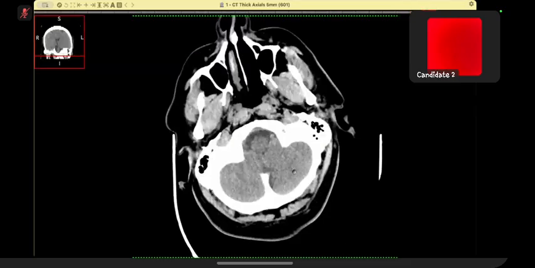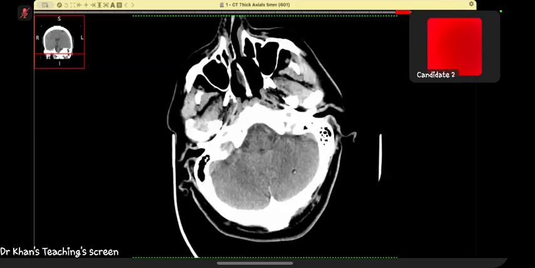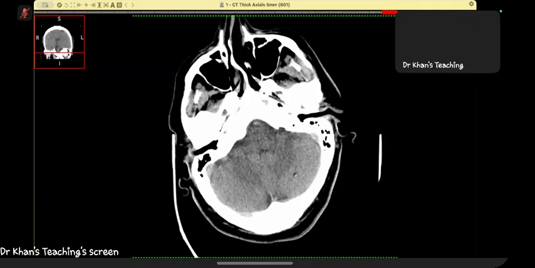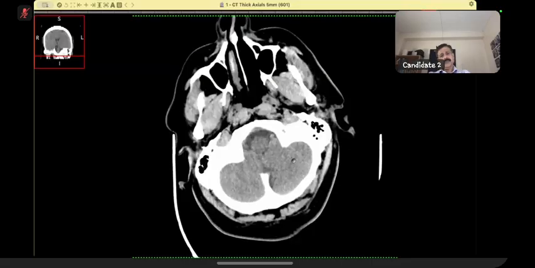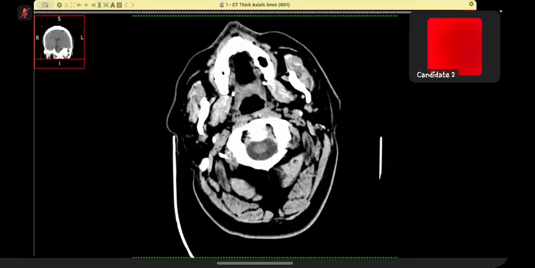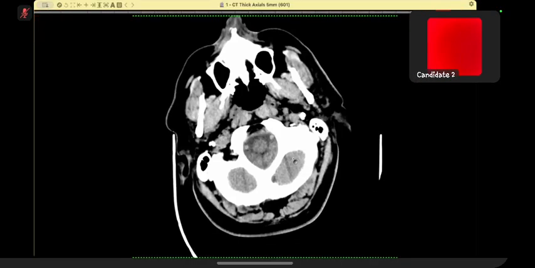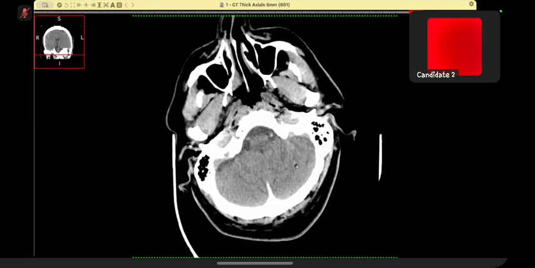I would like to look at the bone window images to confirm this finding. Nothing on bone window. Don't worry about the CP angles. Otherwise, I can see that there are no obvious hyperdensities of the common carotid or the internal jugular veins at the base of skull.